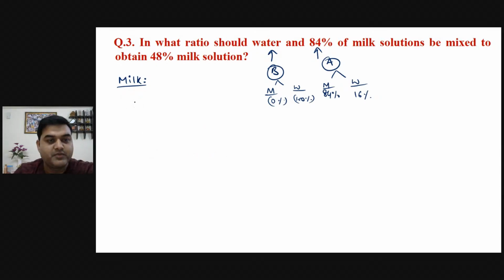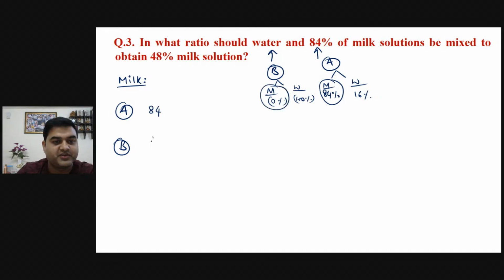Okay, considering only the milk part, A and B are added, right? What is the percentage of milk in A? 84%. What is the percentage of milk in B? 0%.